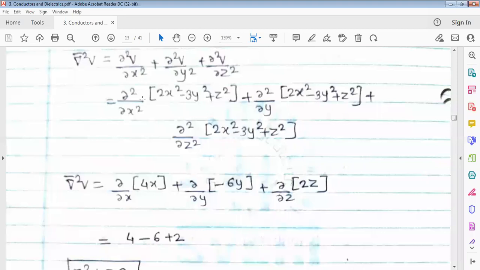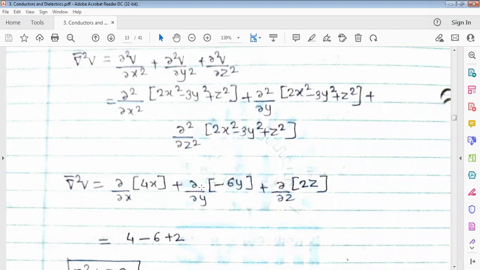But here it is a double derivative. We are taking the single only. So it is ∂/∂x of this 4x. Then ∂/∂y of, first differentiate this with respect to y. Here 2x square, no y term, so it is 0, minus 3y square, means ∂/∂y of this 3y square is 6y, and the sign is minus here.